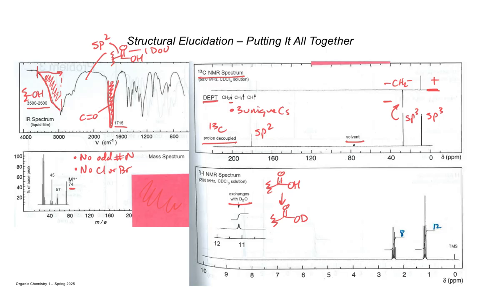The solvents that you run these samples in are deuterated solvents. They have to have a deuterium label so that you're not getting swamped out by the hydrogens of the solvent itself. So that's what that thing is. Notice it's a broad singlet. There's no splitting because there's no neighbors.